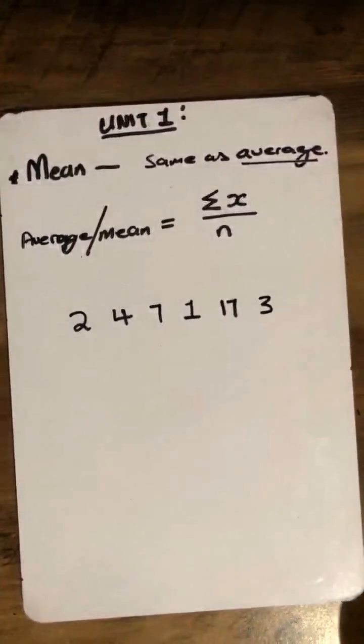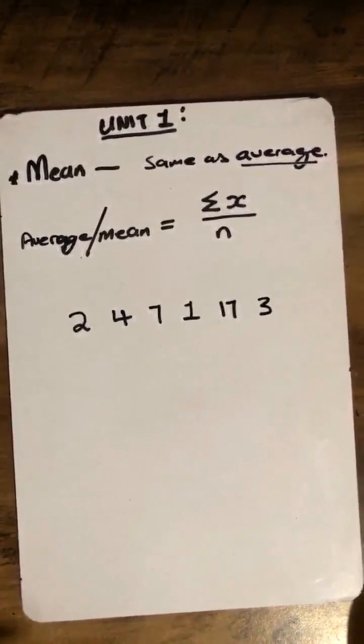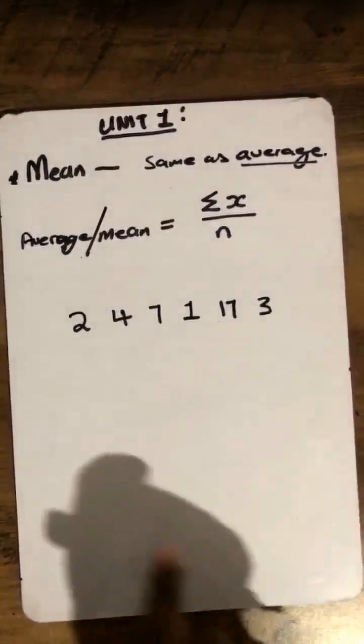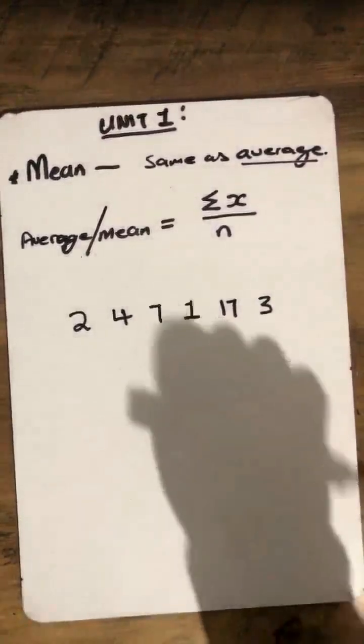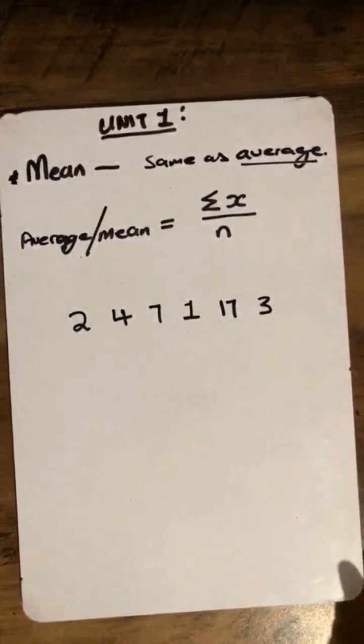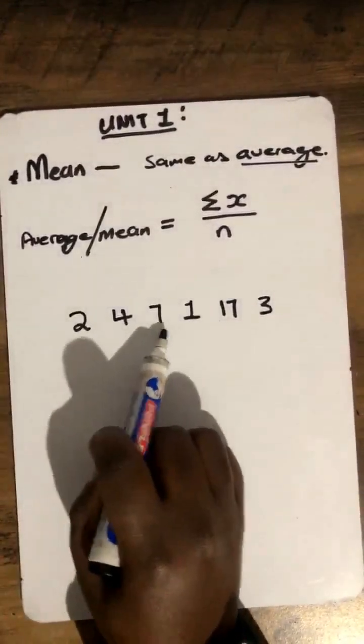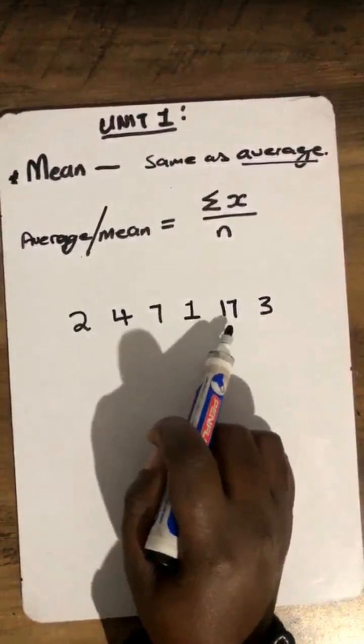So they might say, calculate the average or the mean of the times at which grade 10 learners generally eat per day. So we know the honorable member ate 2 times, another one 4 times, another one 7 times, another one once, another one 17 times, another one 3 times.